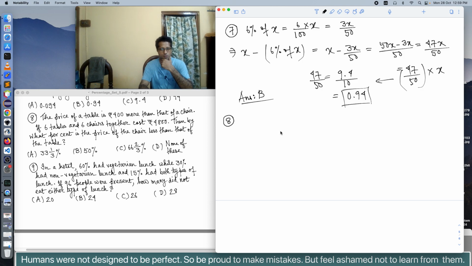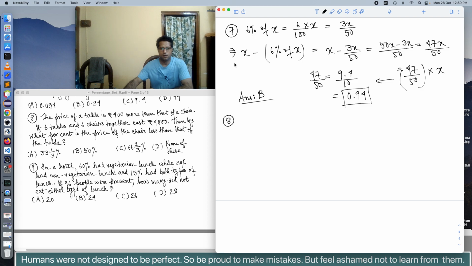We also know that the price of a chair must be less than the price of a table by rupees 400, which means the price of a chair is rupees 400 less than that of a table. Only then can we find the percentage. So we need to find the price of a table.